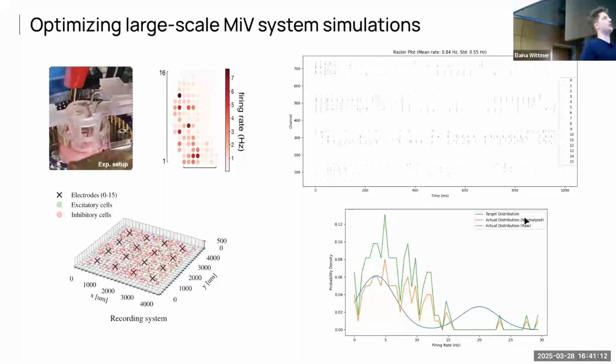There the objective becomes minimizing the KL divergence between the firing distribution that we see in the experiments and the firing distribution that we see in the simulation. That's where we can't run 10,000 simulations, and where this method is now helping us to overcome this. We can't really prove it because we can't run the large scale model at this size, but there are reasons to believe that this allows us to achieve network optimizations that we wouldn't be able to achieve without this approach.